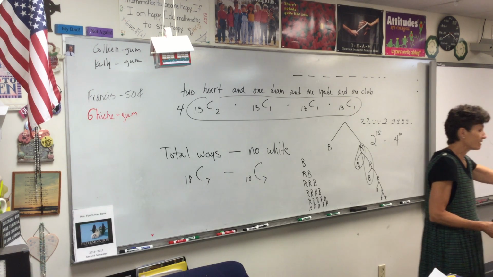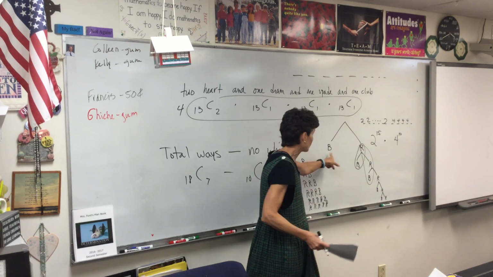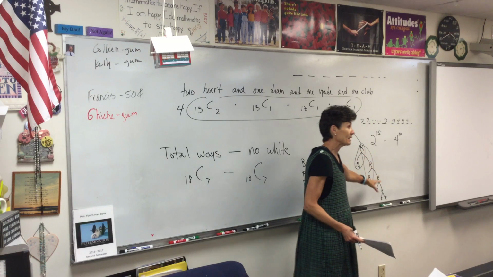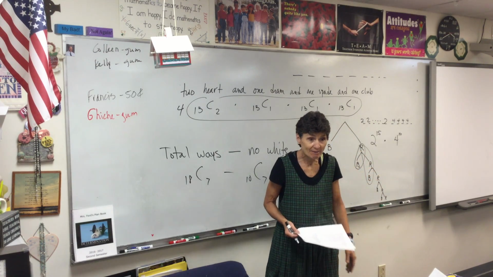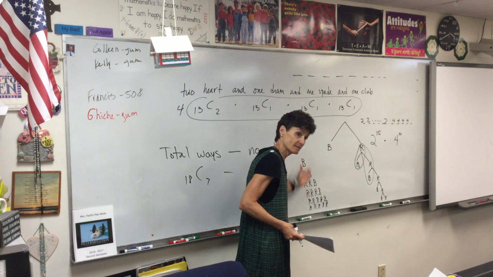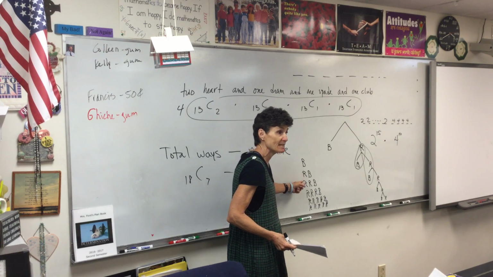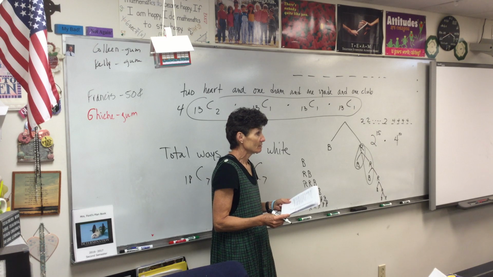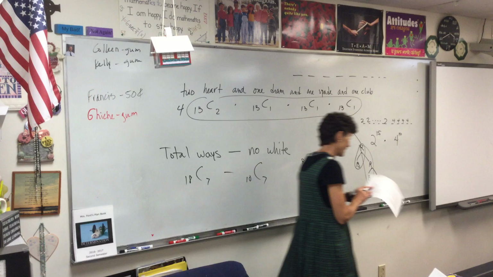And as soon as I get a defective one, as soon as I get a black one, I'm done. Otherwise, I keep picking, and I only pick 5. So it's exactly this, except it's defective and not defective, instead of red and black. Got it? Okay, so that takes care of that sheet.